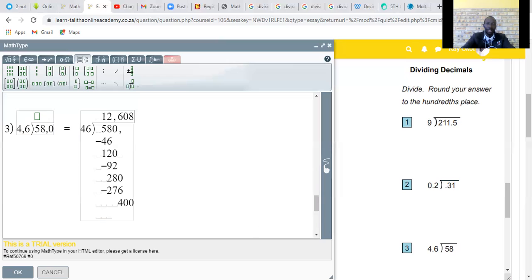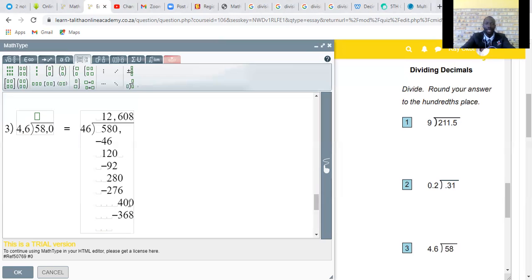Now, what is 8 times 46? Well, we check. 8 times 46 will give us a value of 300 and what? And 68. So yeah, 368. And what do we do with that? Well, we subtract. Like that. So when we subtract, what do we get?